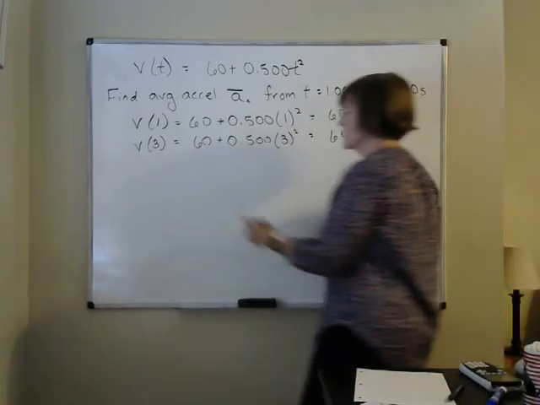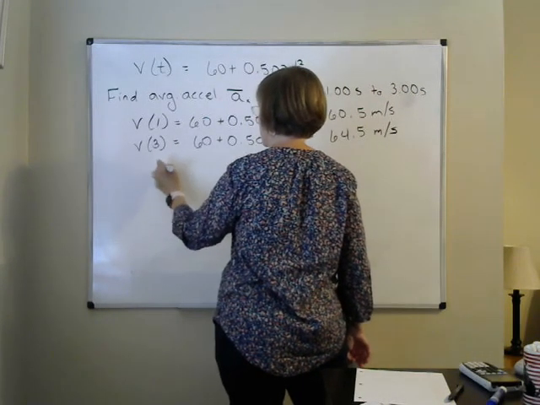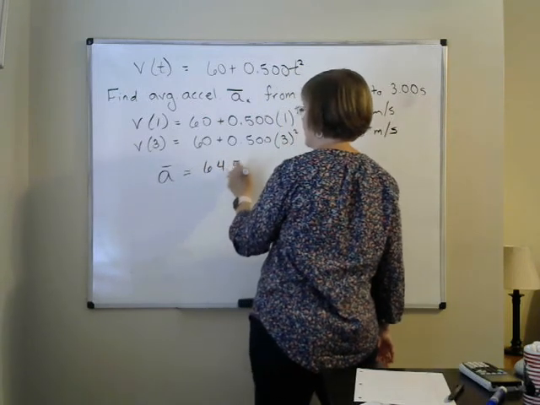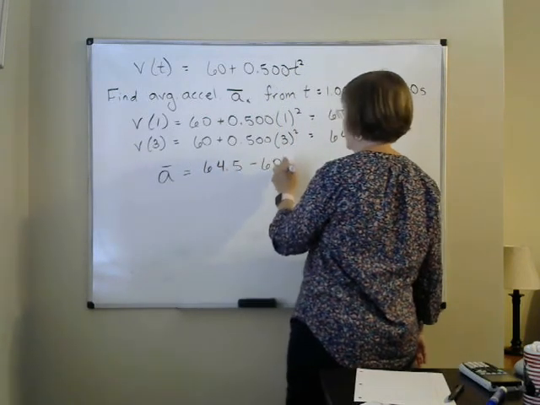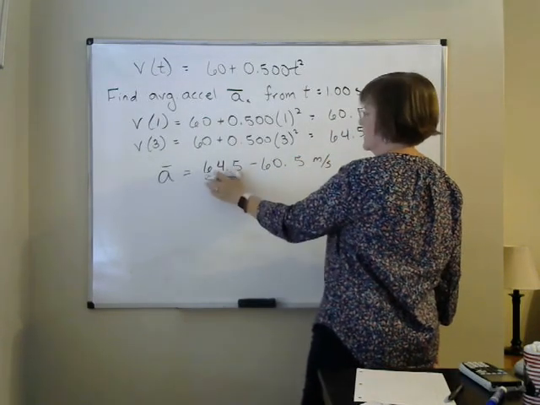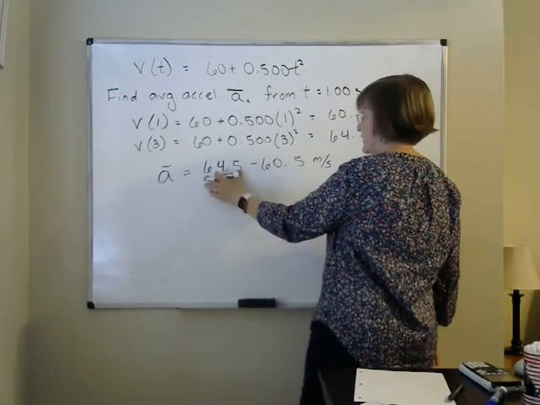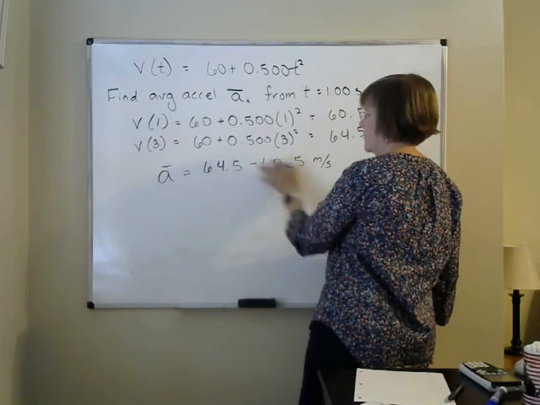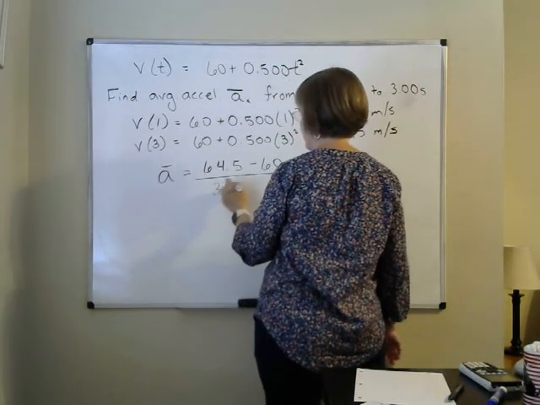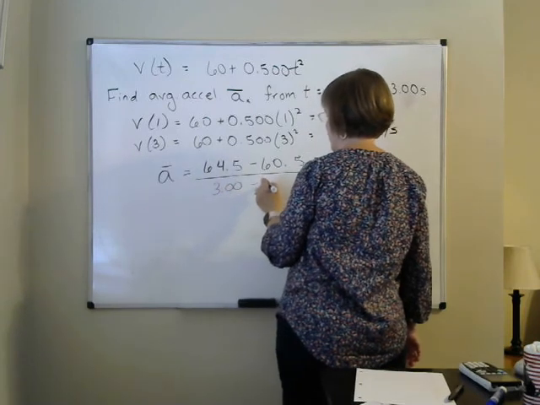So my average acceleration is just 64.5 minus 60.5 meters per second. That's V2, this is V1, final minus initial. That was the time interval of 3 seconds minus 1 second.